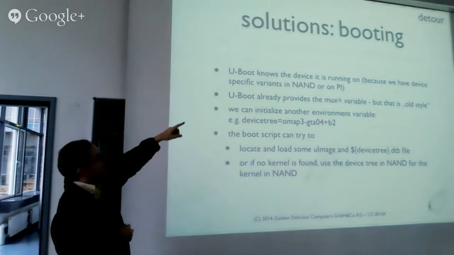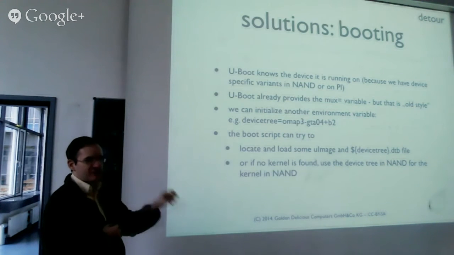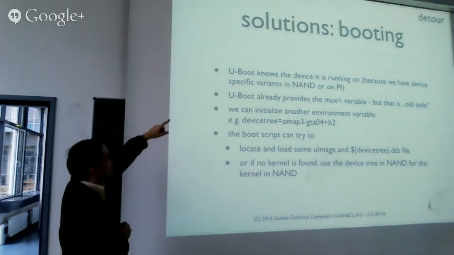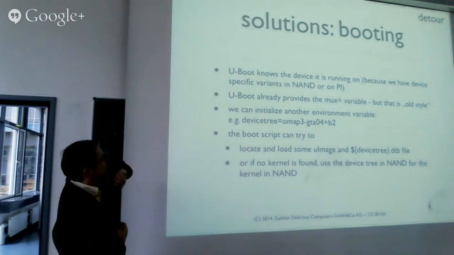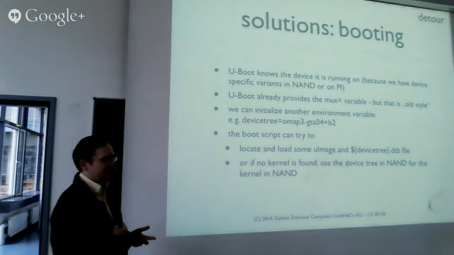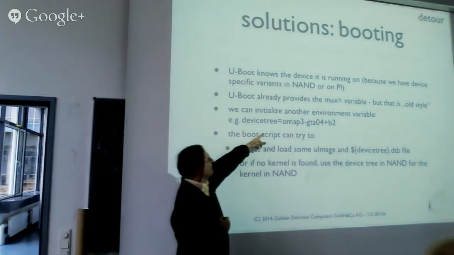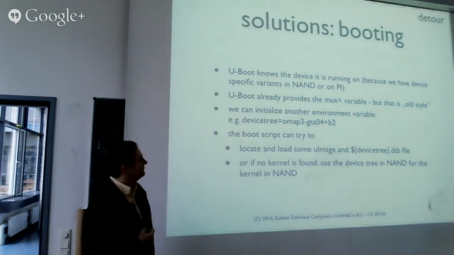U-Boot knows the device it is running on because we have a specific variant for each one. U-Boot provides this multiplex variable, and the solution was simply to add another variable, which is called devicetree, and then the name of the device tree file.